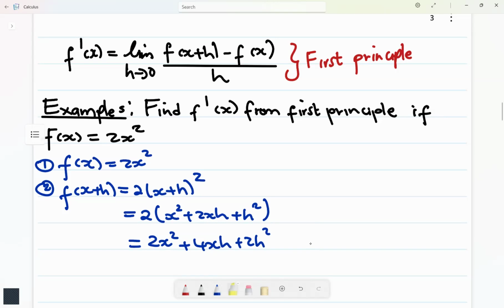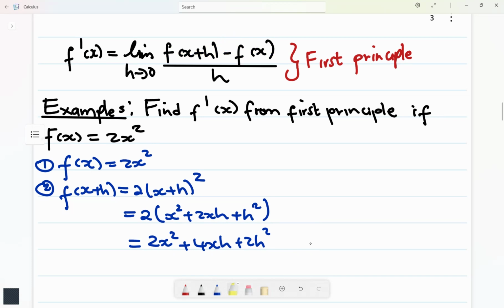Now, another tip again. When you find your derivative or your f prime x, if you're given f of x as this one, can you see our exponent here is 2, right? Now that our exponent is 2, it means when I come into this formula and substitute, something that has x squared should vanish.